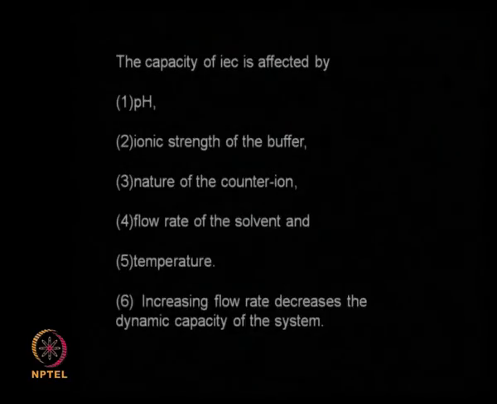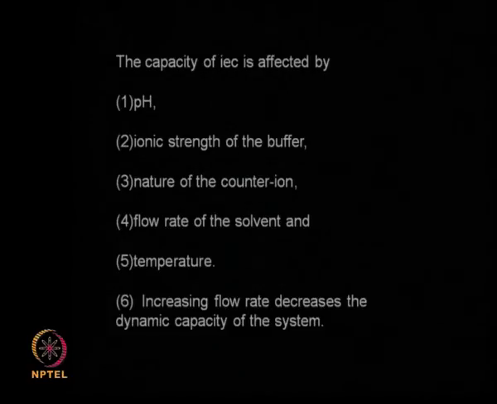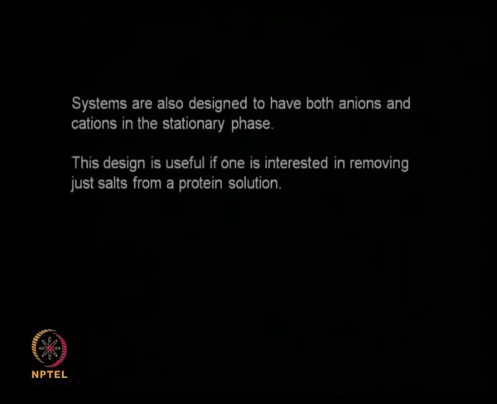The capacity of ion exchange chromatography depends upon pH, ionic strength of the buffer, nature of the counter ion, flow rate of the solvent, temperature and so on. If I increase flow rate, it decreases the dynamic capacity of the system. As I said originally, we can have a combination of both anions and cations in the stationary phase.